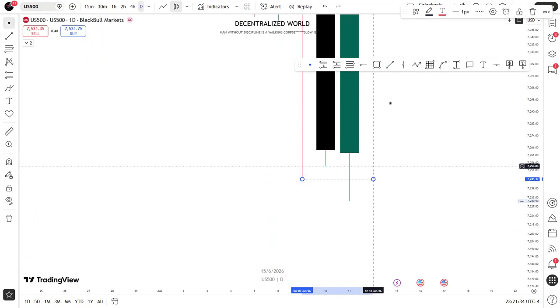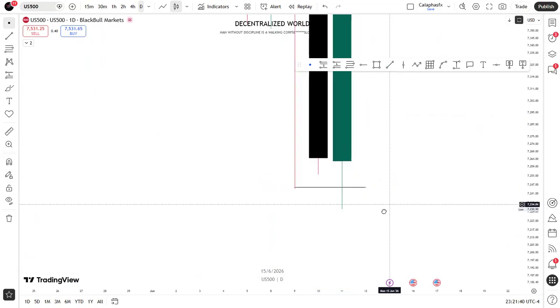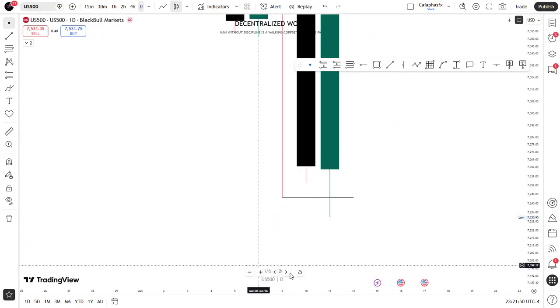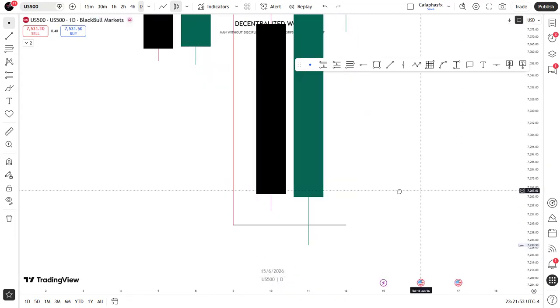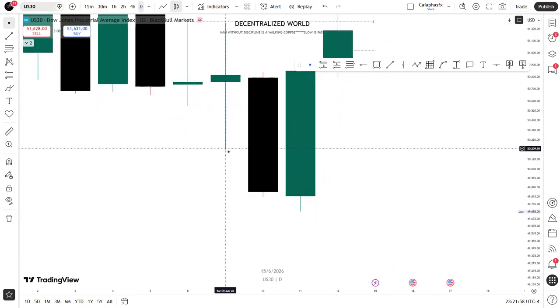So this was swept from this point, and then US 30, this has been leading already, right? So US 30 was leading. US 30 was actually leading.